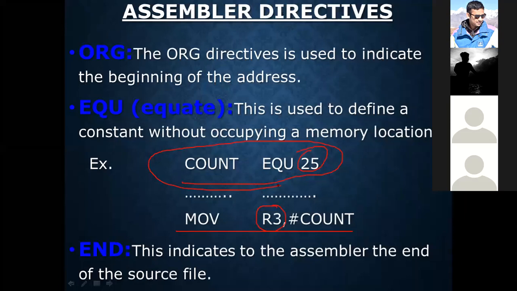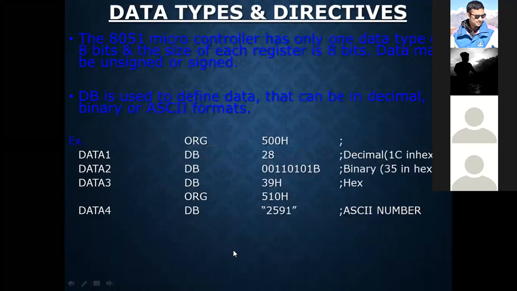Clear? Okay, so this END indicates to the assembler the end of the source file. So in place of this SJMP infinite loop, we can also place END. So nothing wrong in there. So we are going forward.